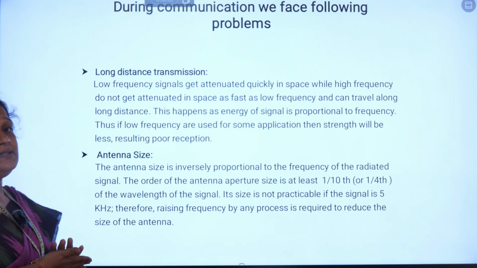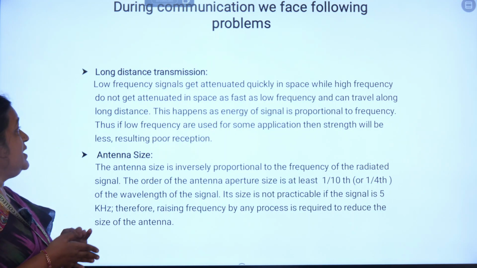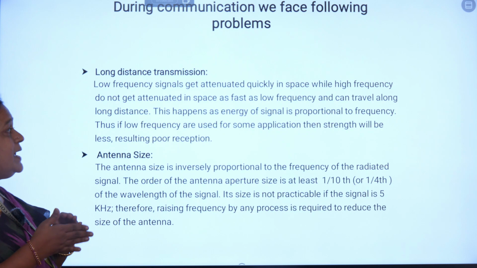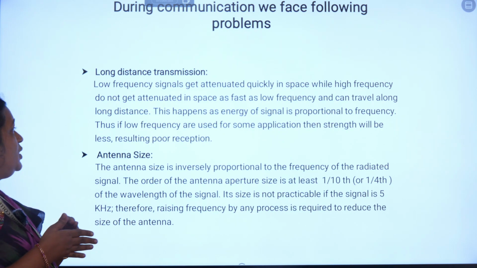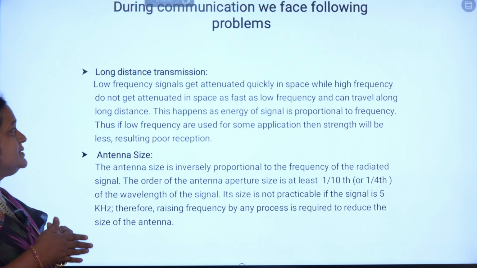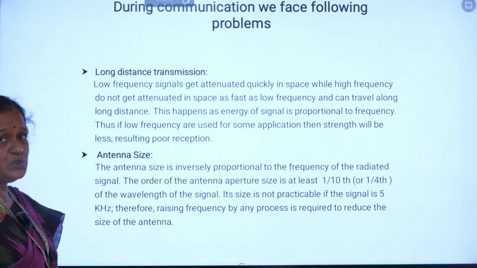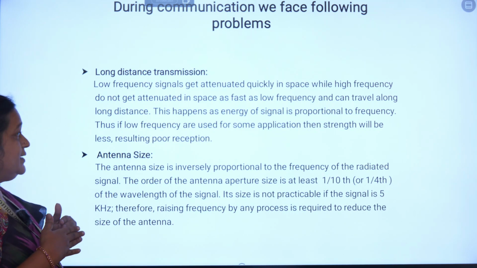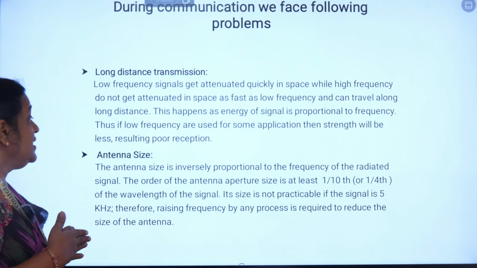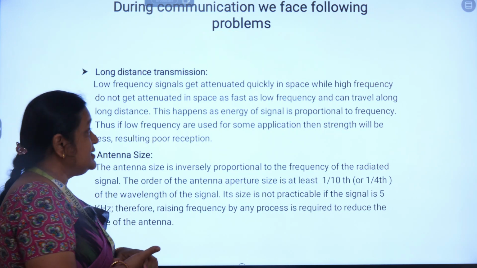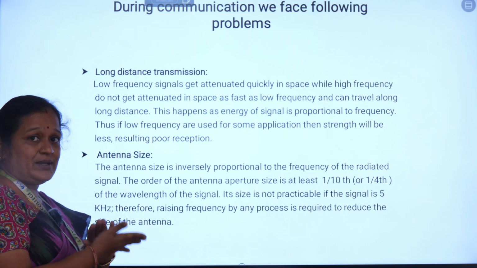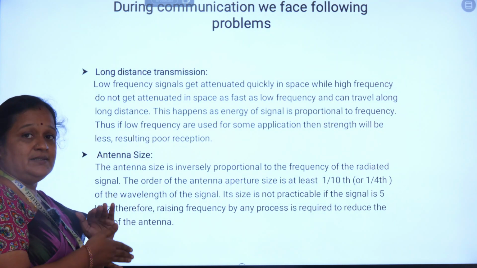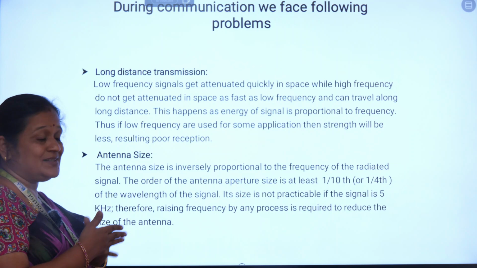Low frequency signals get attenuated quickly in space, while high frequency signals do not attenuate as much, and can travel along long distances. This happens as the energy of a signal is proportional to its frequency. So low frequency signals have less strength, resulting in poor reception. Because of this, we need some means for long distance transmission.